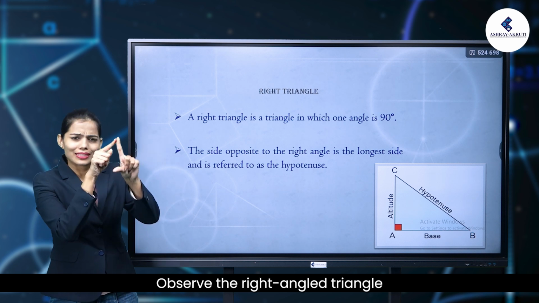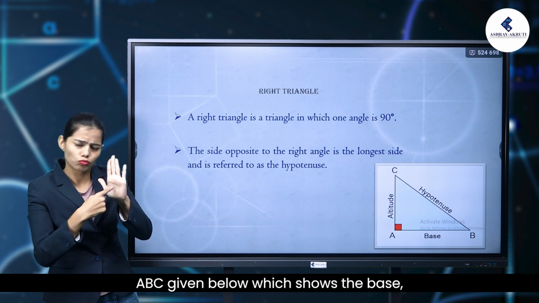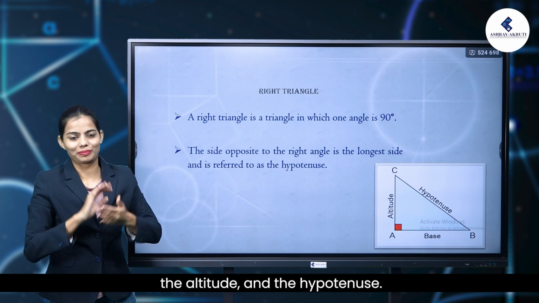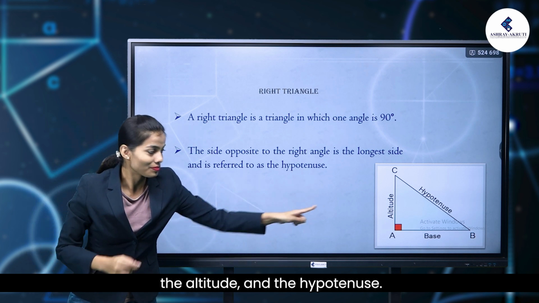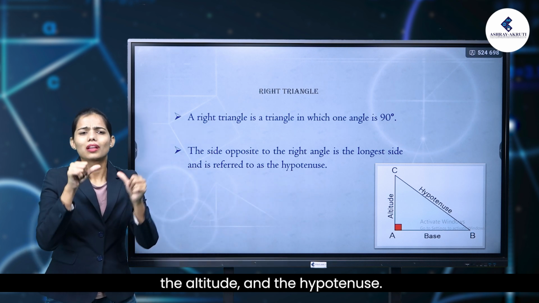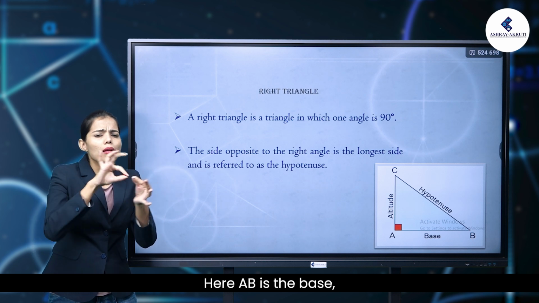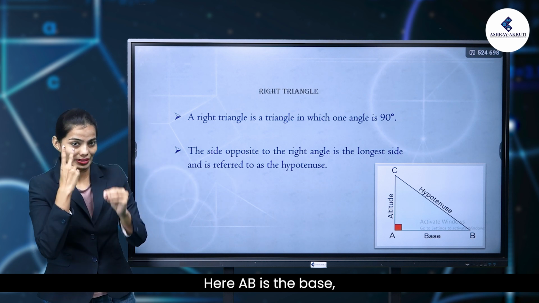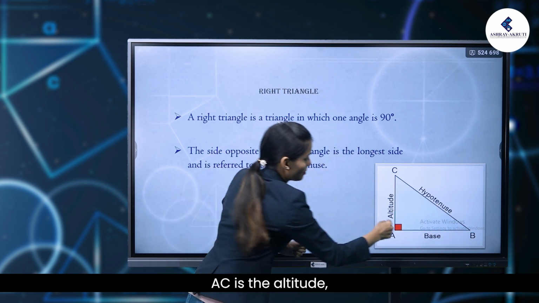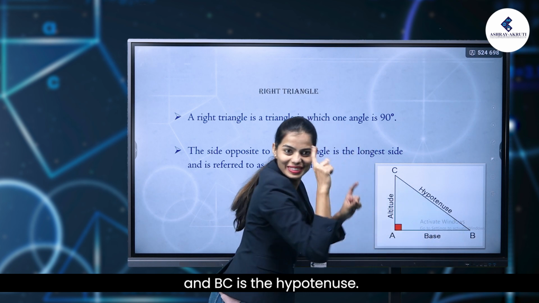Observe the right angle triangle ABC given below, which shows the base, the altitude, and the hypotenuse. Here, AB is the base, AC is the altitude, and BC is the hypotenuse.